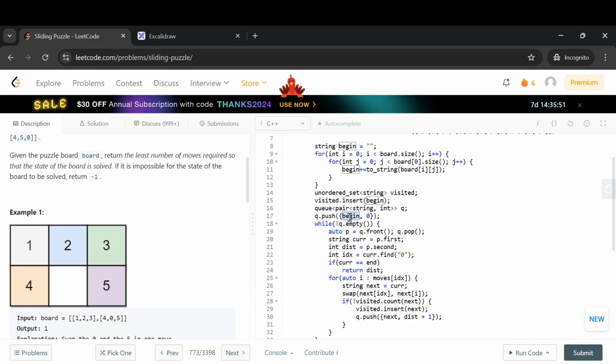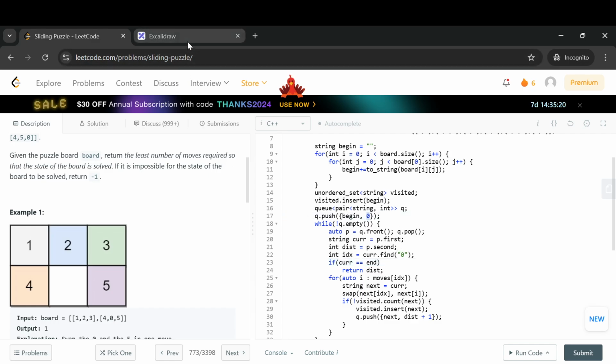So Q will be accepting the position and the distance to reach that position up to that point of time. So you do a simple BFS, you do the iteration and go through all possible neighbors of that index, and once you arrive at the destination, that is when you will be returning the distance.